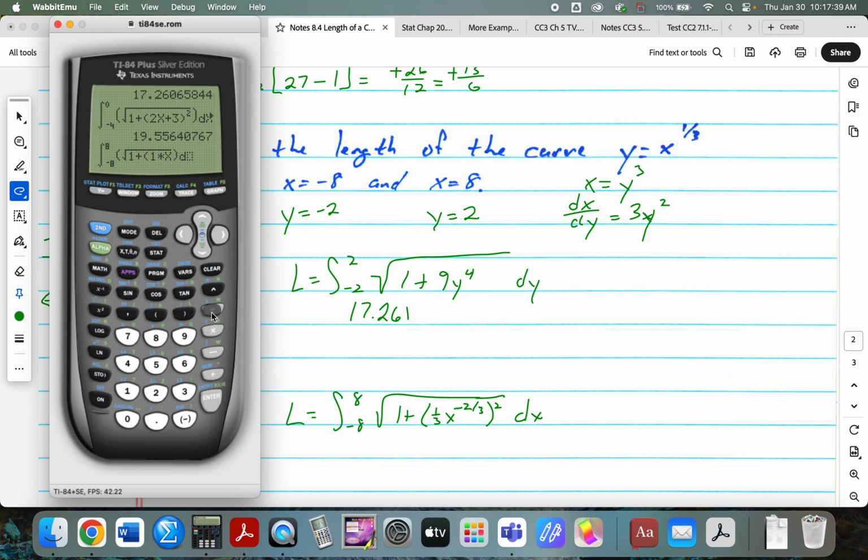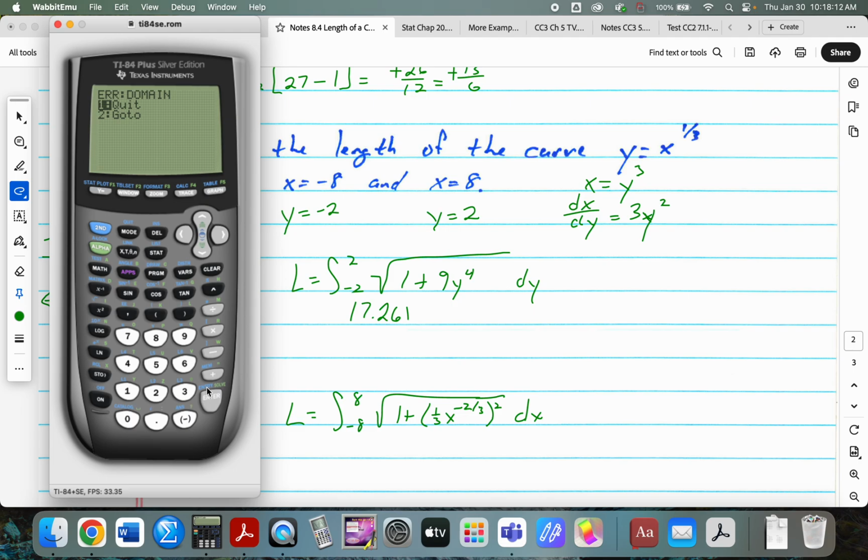Now I'll just redo it. 1/3 x raised to the -2/3, all squared dx. It immediately gives me an error message.